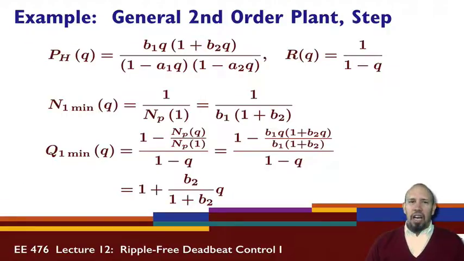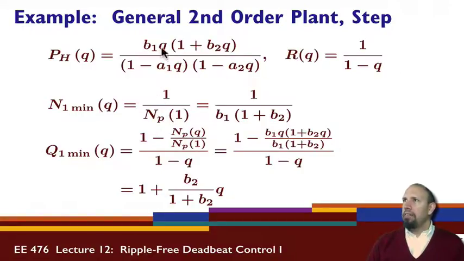Okay, so let's look at just a specific example. I have this transfer function, and notice I don't even know what the coefficients A1, A2, B1, and B2 are. This is a general second-order system, and I'm going to apply the system with a step input. I can go through and show now N1 min is given by this expression, 1 over NP of 1.